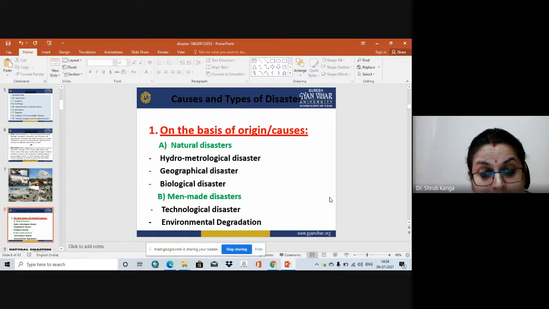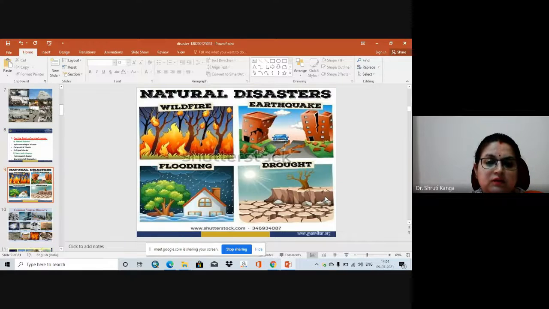That may be the establishment of industrial areas in forested or agricultural areas, or degradation of the forest by cutting them or by doing some other kind of activities in those areas. So these are some natural disasters like forest fires or wildfires, earthquakes, droughts, and floodings.